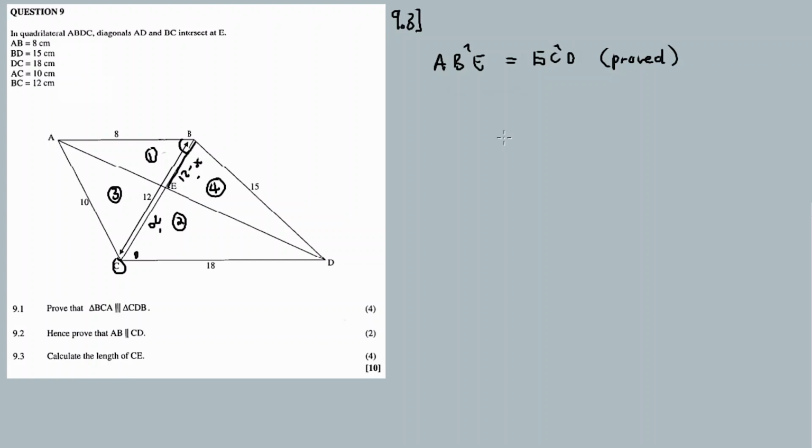The time is proving parallel lines, ne? Then this angle CED is equal to this angle AEB. AEB. Why? Vertically opposite angles. Vertical opposite angles.